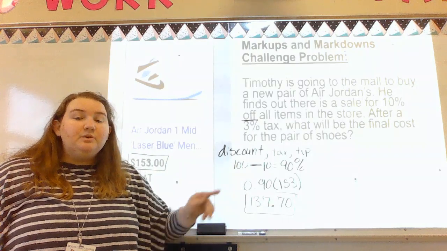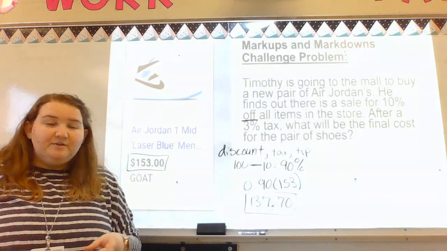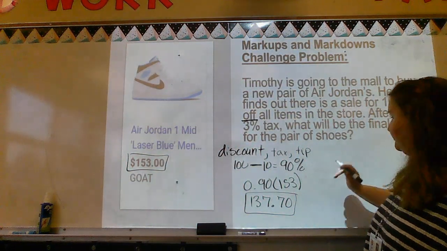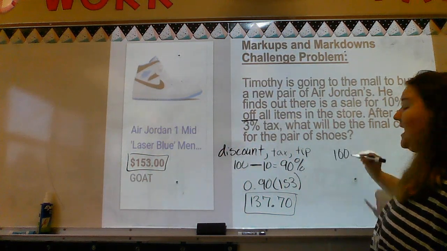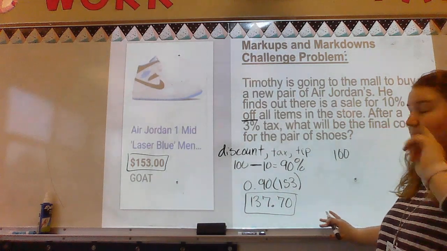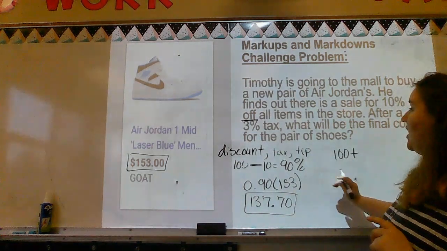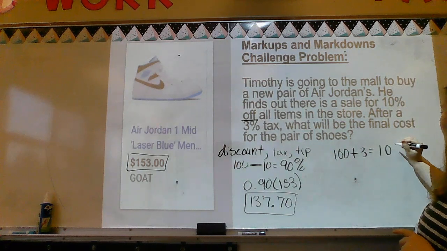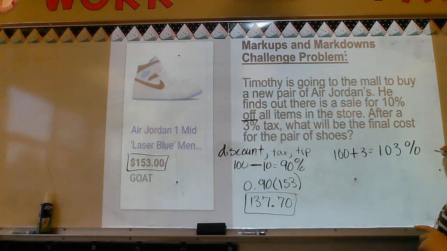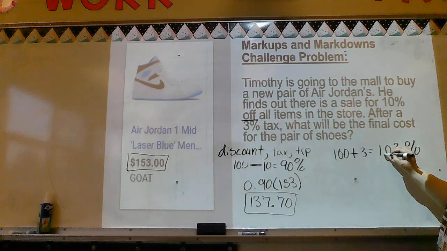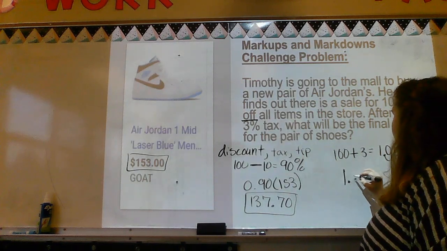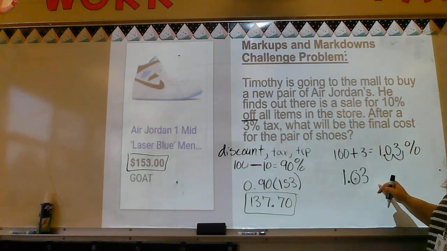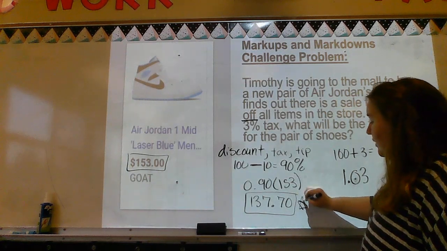Now, we're not done. We still have to apply tax. So I'm going to do it again, okay? So 100. Tax is a markup, so I add 3%. So 100 plus 3 is 103%. I move my decimal 2 places, so now I have 1.03. And I'm going to multiply 1.03 times my new price.